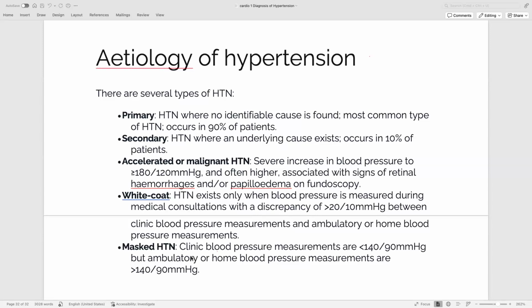White coat hypertension is where there is a measurement discrepancy of more than 20/10 between the clinic measurement and home measurement.